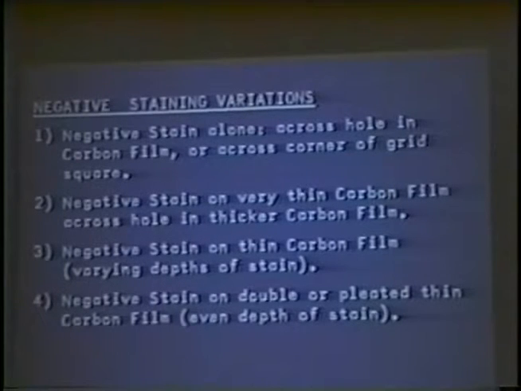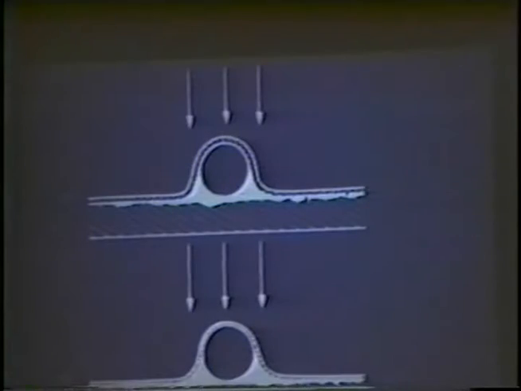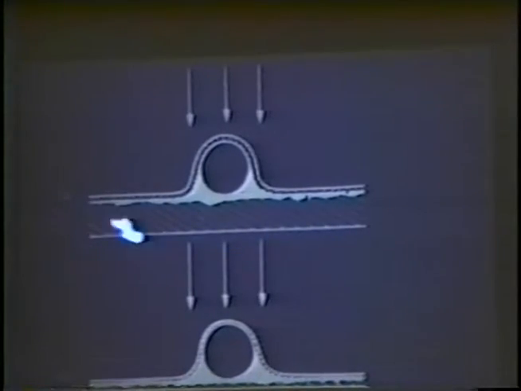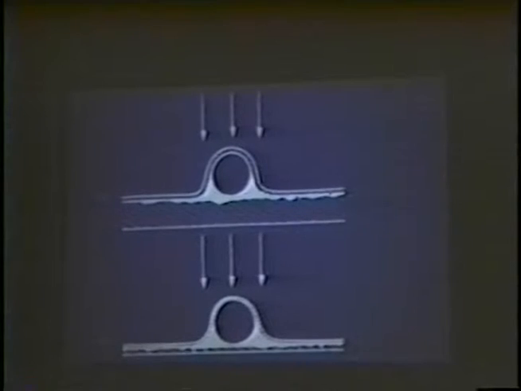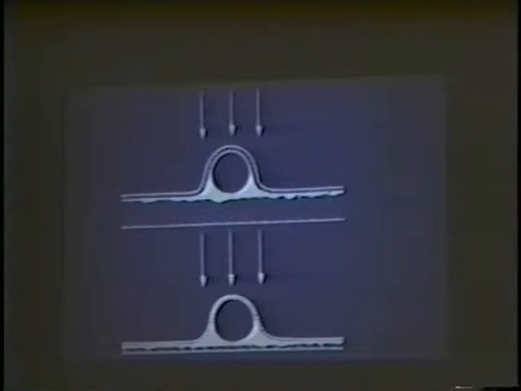Usually, this situation might be thought to bring about a superior signal-to-noise ratio, as shown in the next slide. The thinner the carbon film, the more desirable the imaging. The thicker the carbon film, the greater the noise in the image.